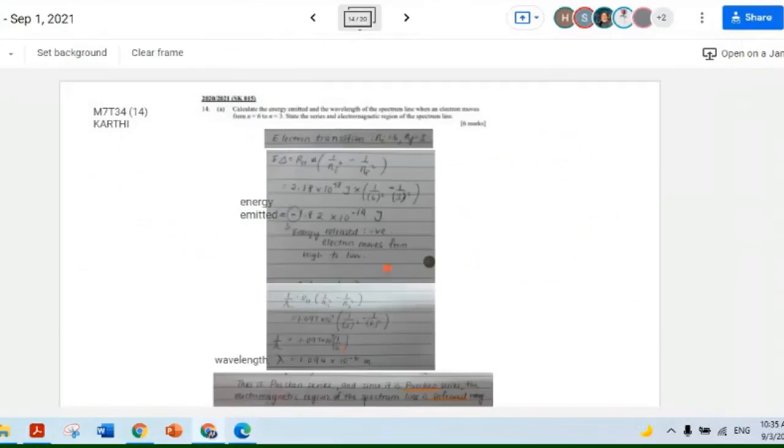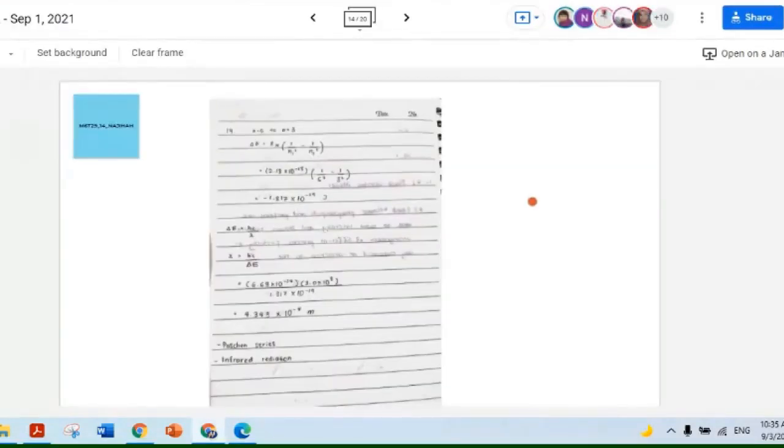Okay, so tengok. Okay, betul delta E guna. Okay, betul. Betul tak kelas? Negative 1.82 times 10 to the power of negative 19 joule. Okay, yang ini madam nak beritahu delta E sama dengan HC over lambda. Okay, yes, Planck constant, yes, yang ini madam nak beritahu.